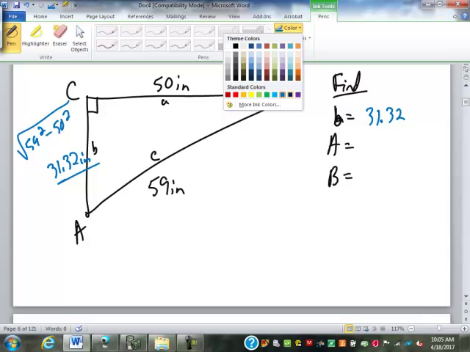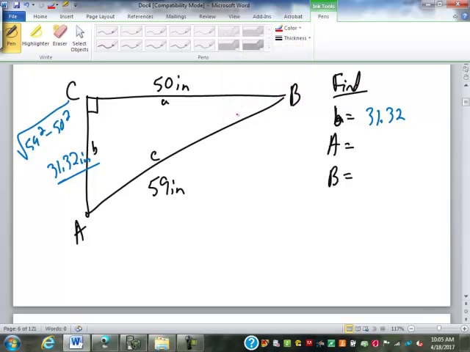So which angle did you find first, A or B? B? Okay, so our tiebreaker goes with B. For looking at B, we have two known sides. I'm not going to use the 31.32 because I just calculated that, so there's round off in it. If I reuse it, there's going to be round off in that next answer.